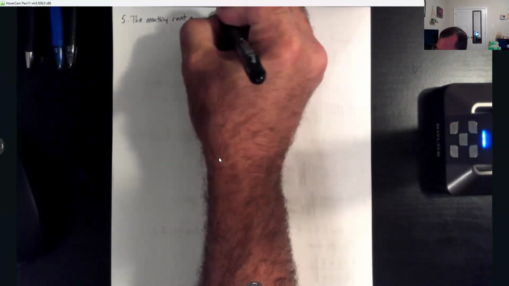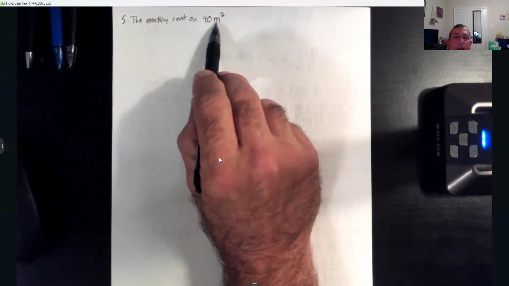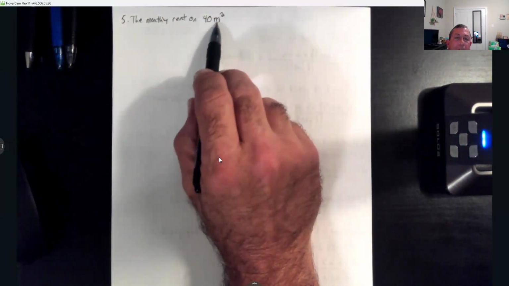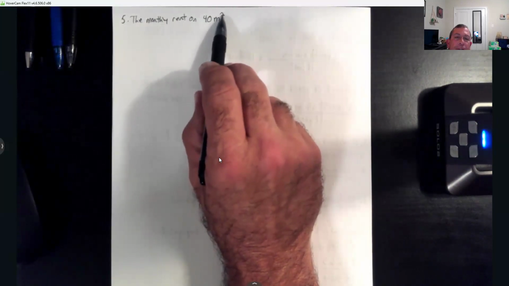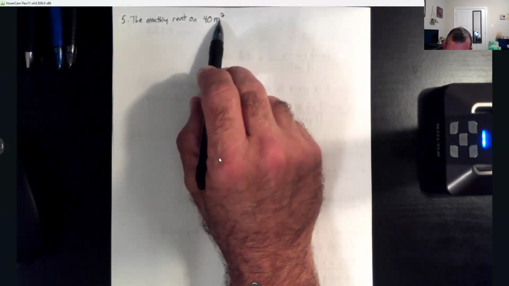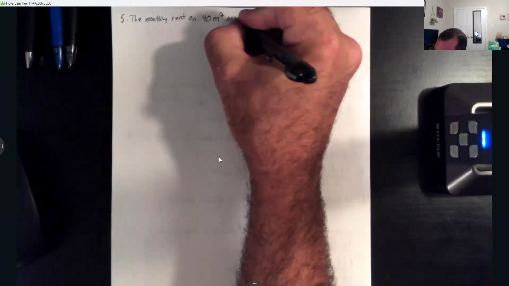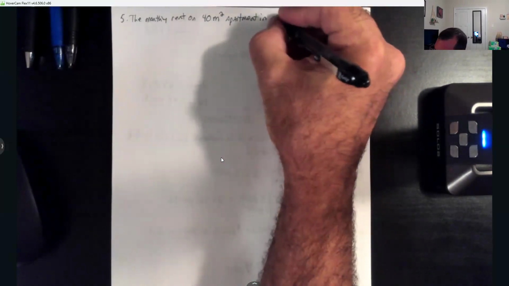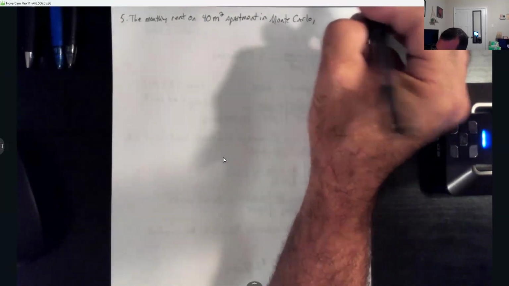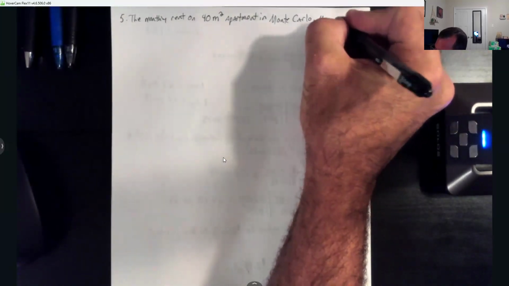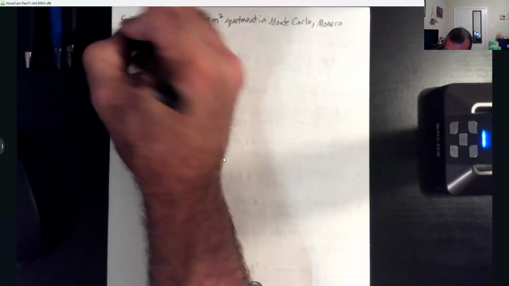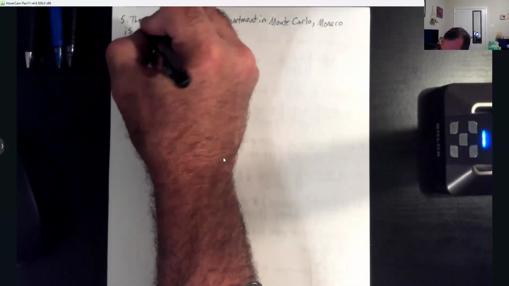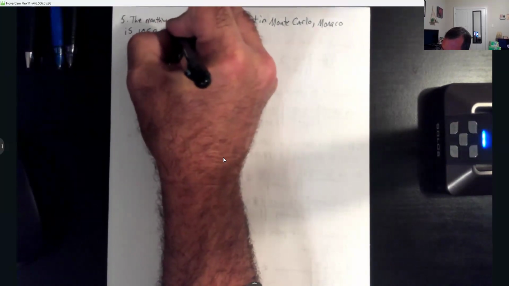So I'm just going to call that, square meters, M squared is the notation you would use, but this stands for square meters. The monthly rent on a 40 square meter apartment in Monte Carlo, Monaco, is 1,050 euros.